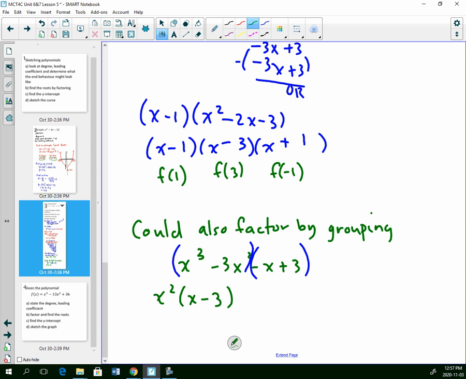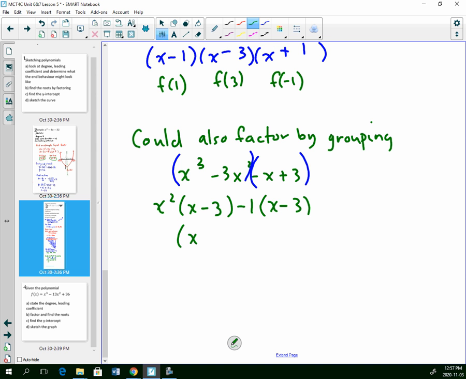The second bracket starts with a negative, and there's nothing common, so I'd put a 1. That's a minus, because two negatives make a positive. And then x minus 3 is common. I would have x squared minus 1 left over, which is a difference of squares. And I would have factored it.